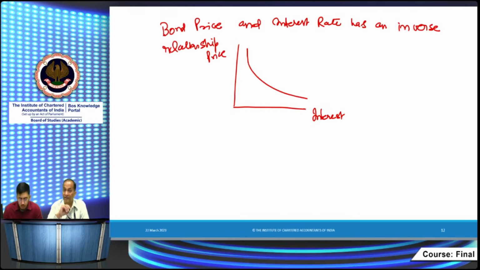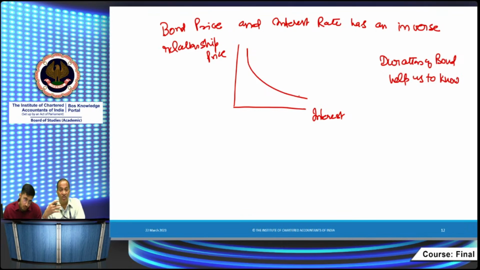That aspect has been covered in this paper at this level. That's why duration of the bond helps us know the volatility of the bond, that is how much the price of the bond will change consequent upon a 1 point change in the interest rate, 1 basis point. All that has been covered in this topic. Another aspect of the bond is the conversion aspect.